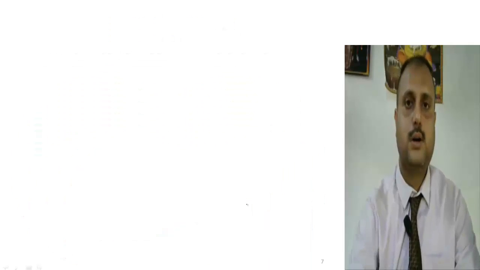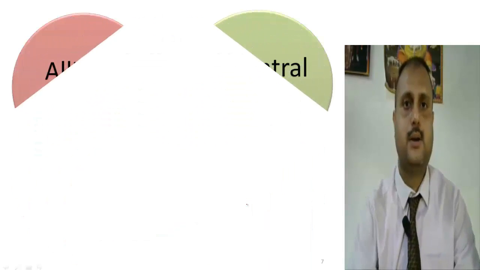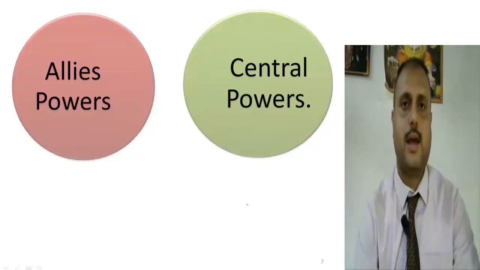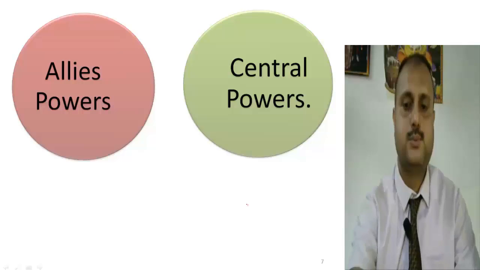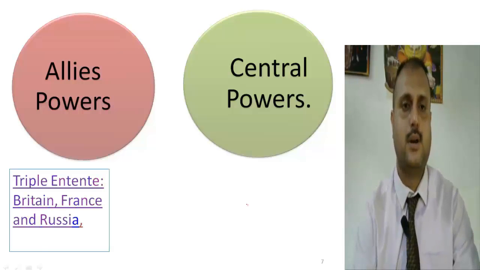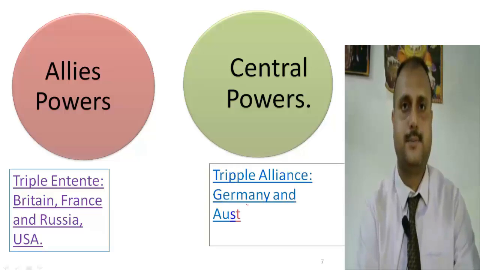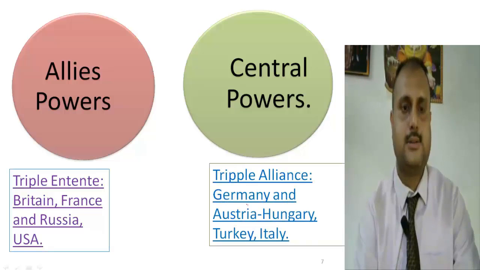Now, which countries participated in the First World War? As I said, these are the two main groups: the Triple Alliance and the Triple Entente. The Triple Entente comprised Britain, France and Russia.